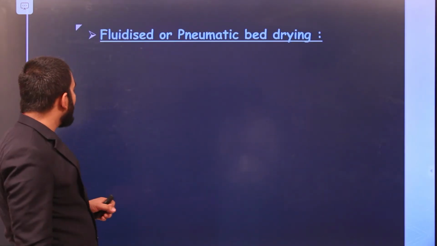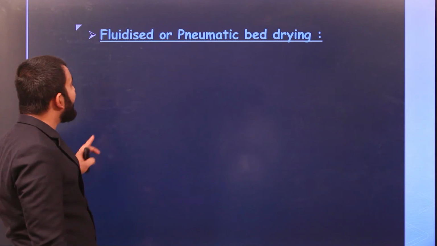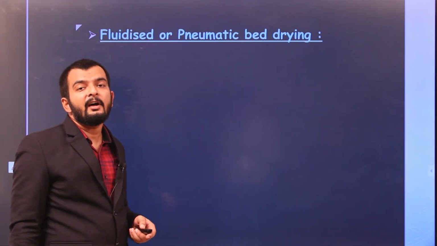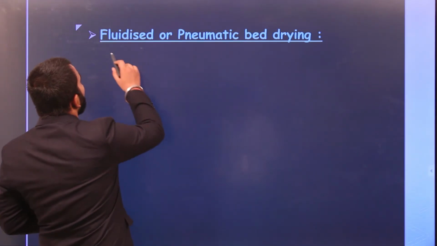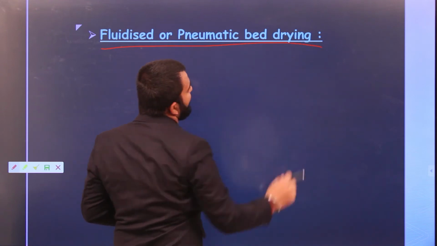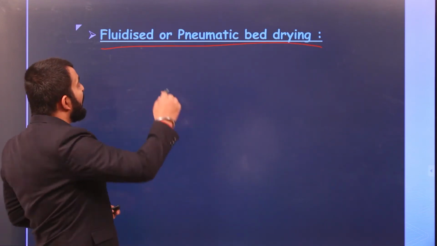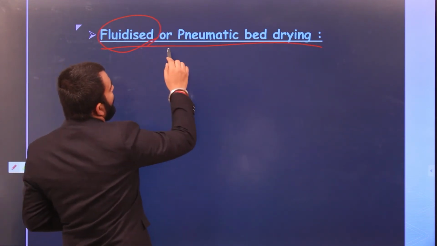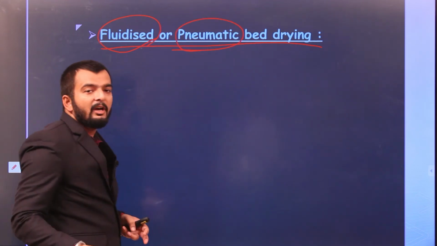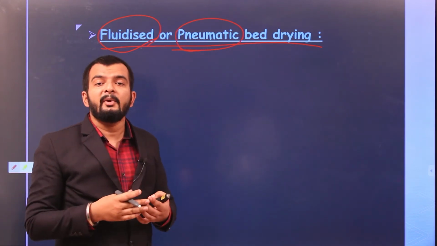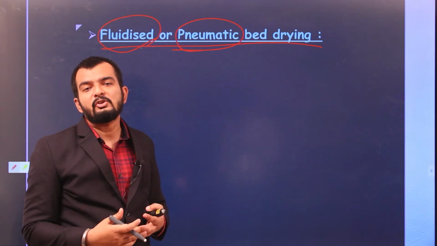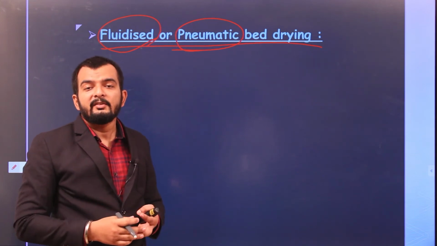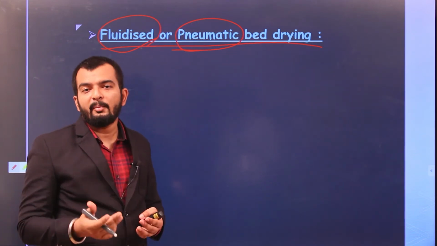Coming on to the third type of convective heat drying system, we have our fluidized or pneumatic bed drying. So as the name suggests, fluidized or pneumatic. Pneumatic means we are applying air pressure. Pneumatic systems are usually designed based on air. See, in industry you have pneumatic conveyors.